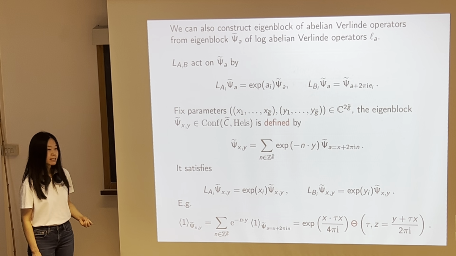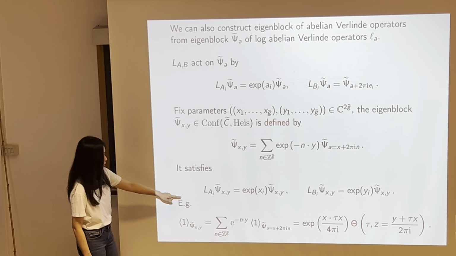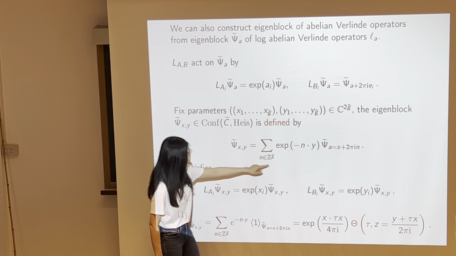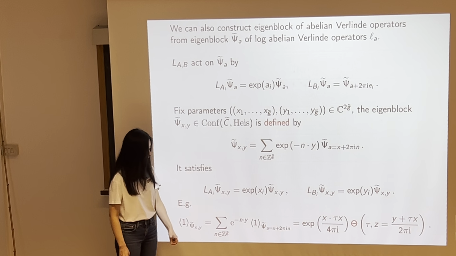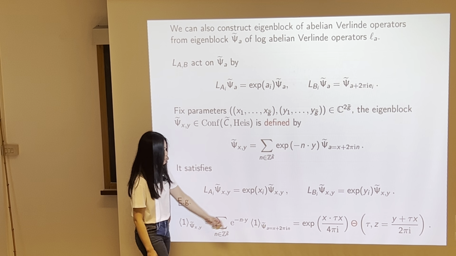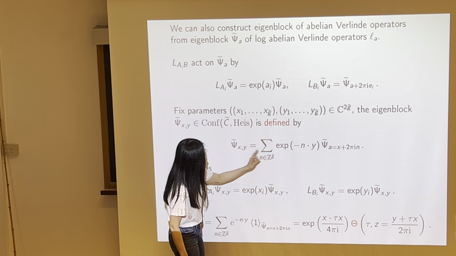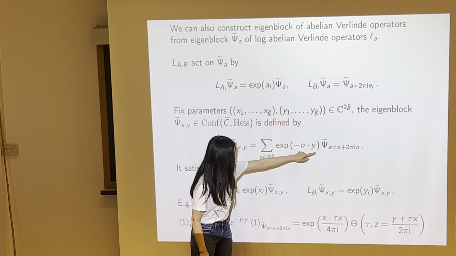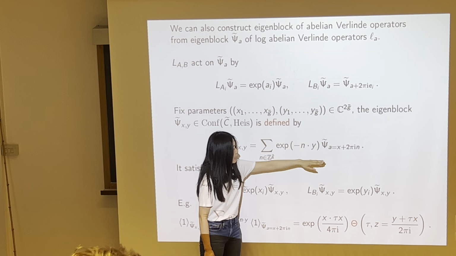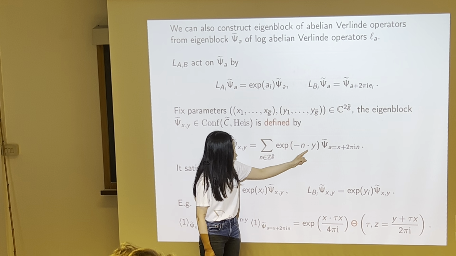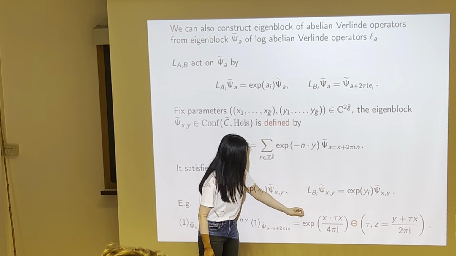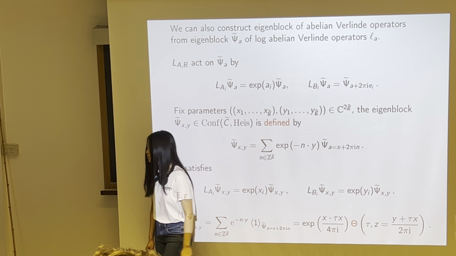We can now check that L A acting on this will directly act on it, picking up this e to the x plus 2 pi n, which is a common factor e to the x_i for all the terms. And if you apply L B I on psi tilde xy, it will also go here and shift A by 2 pi i. But then by redefining this n, we get a common factor coming from the factor in the front, which is just e to the y.